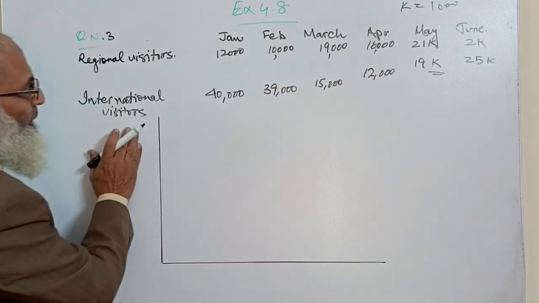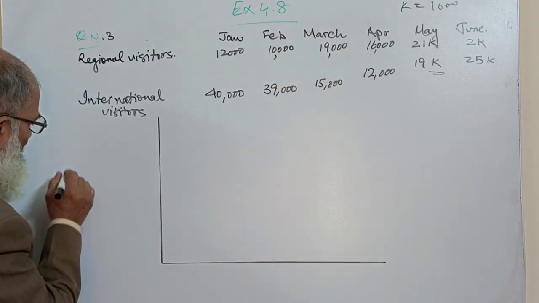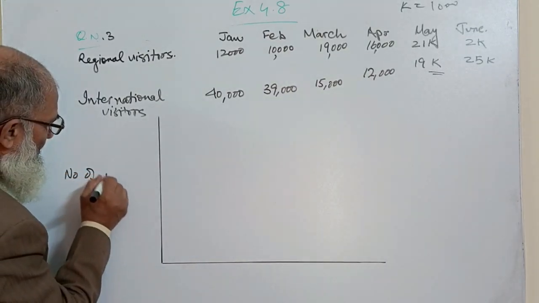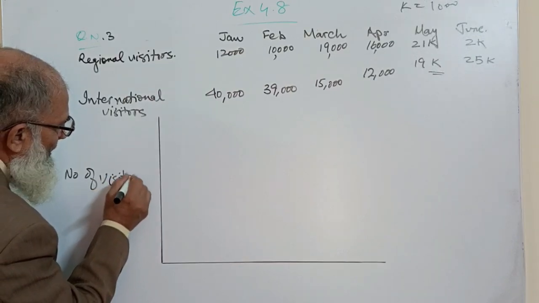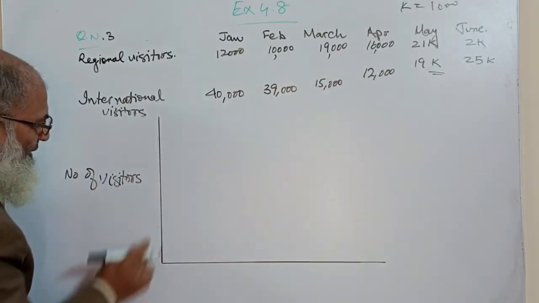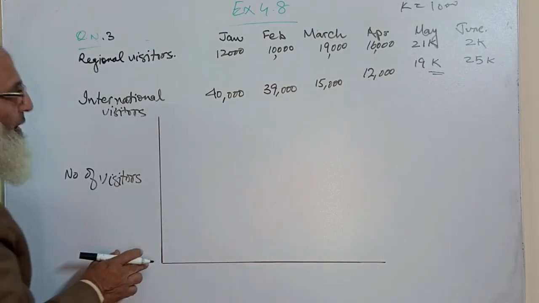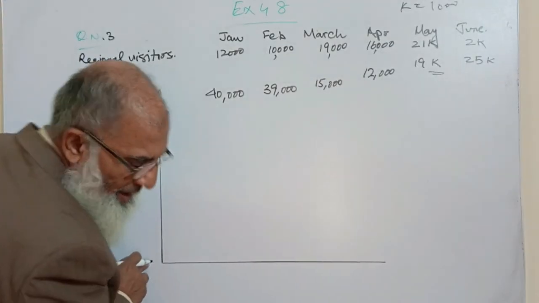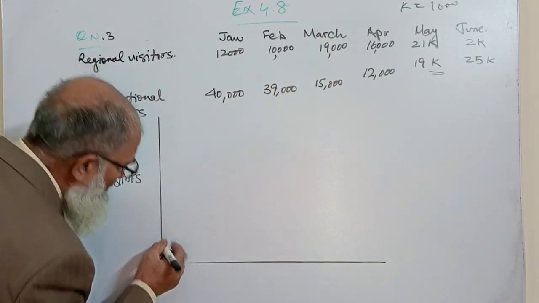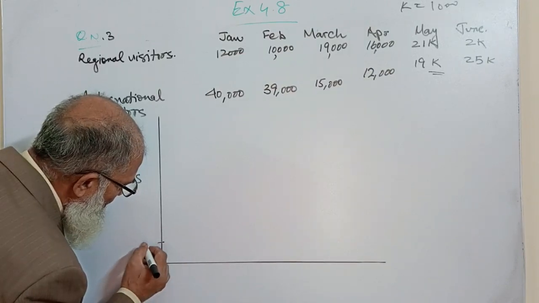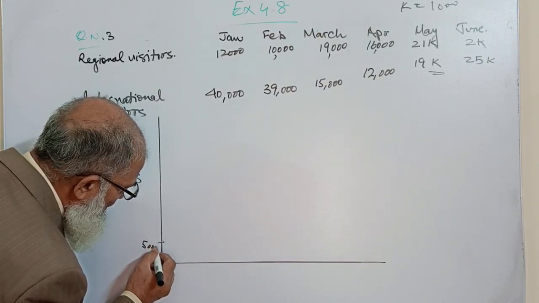So, number of people. Now we will set number of visitors at the y-axis, and each division will give us 5,000 visitors.